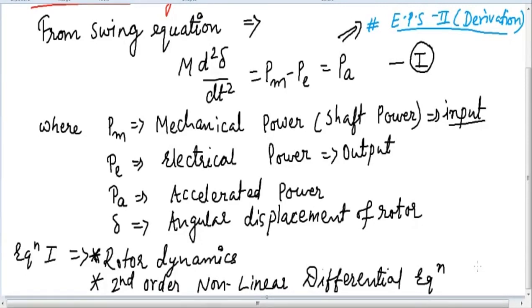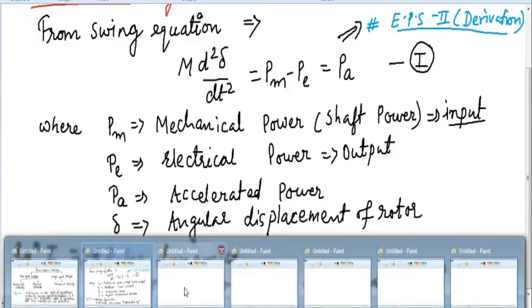Also, when we solve this, we get the position of delta with respect to time. So that is important for us in this unit. These are the important things in this unit. So I will directly start with the swing curve.